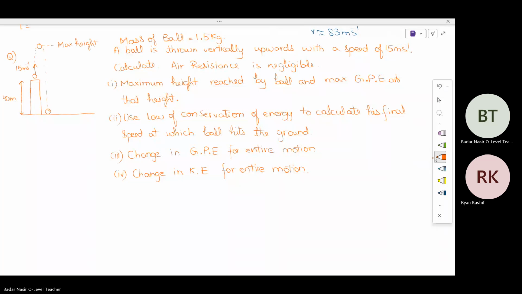And after that the ball will fall downwards. So they are asking you to calculate the maximum height reached by the ball above ground, and he is also asking you to calculate the maximum gravitational potential energy at that particular height.